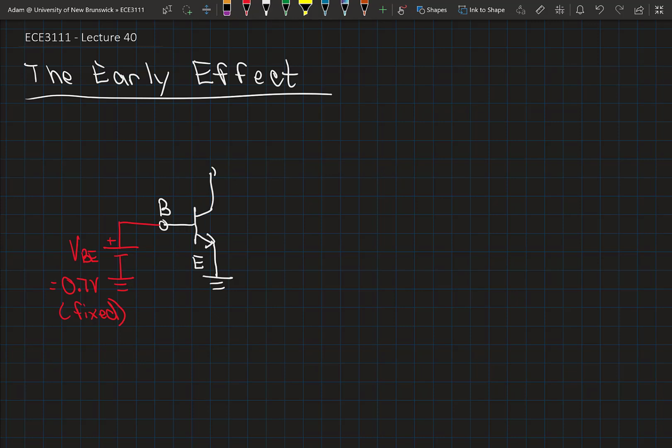Okay, but let's take the collector and connect it to a variable source that allows us to control the voltage across the collector to emitter. Let's assume that it can vary in the range of 0 to 10 volts.